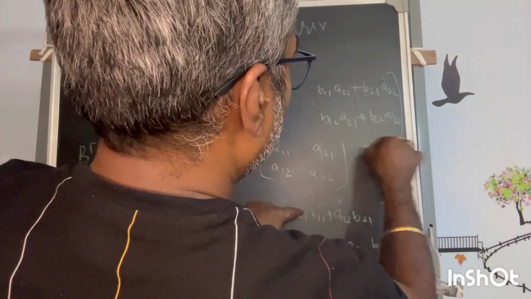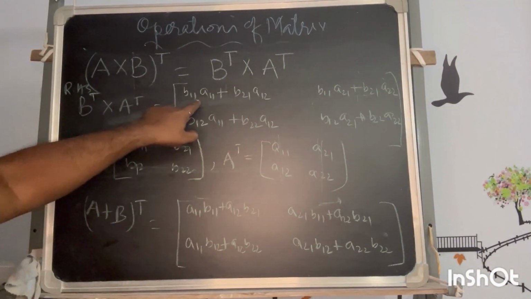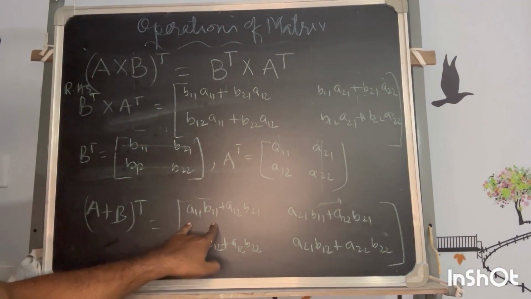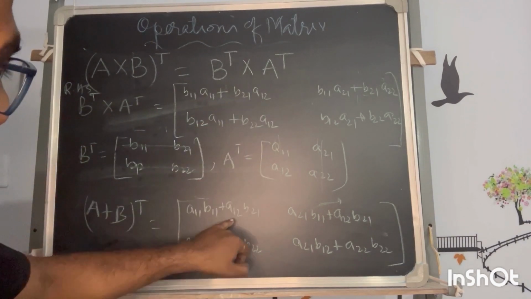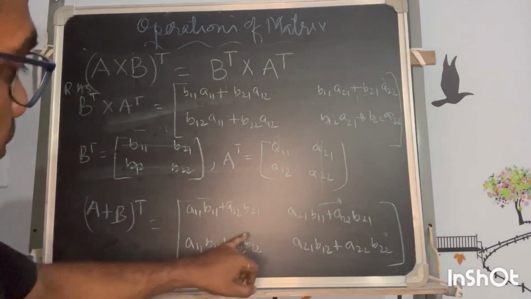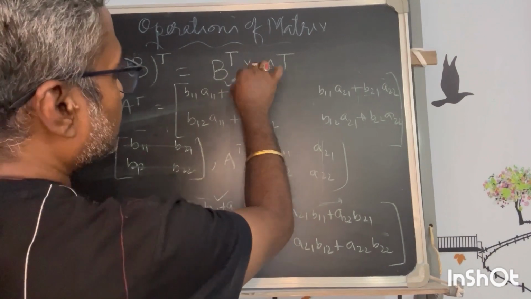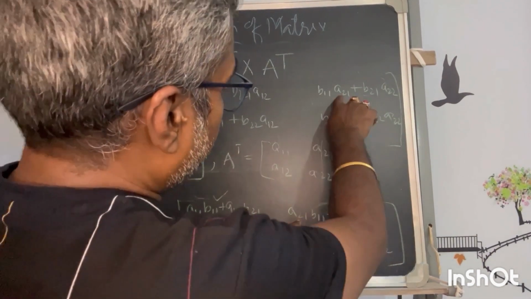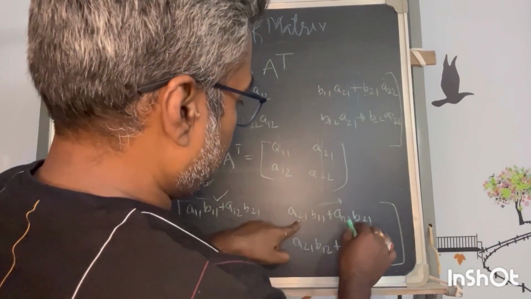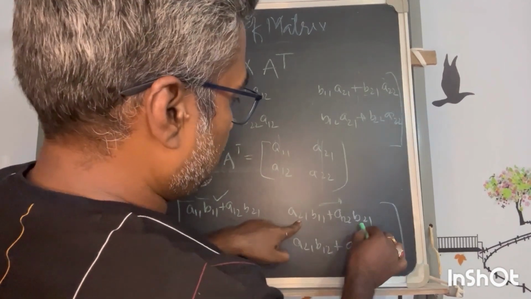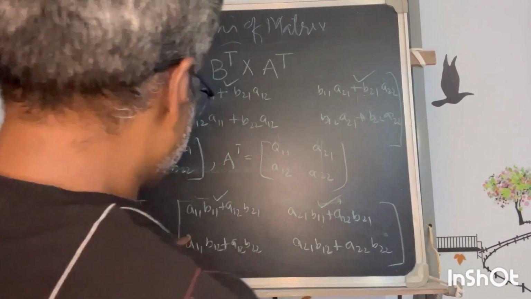Now let me match the terms. A11 B11, A12 B21, so this is matching, right? Second, A21 B11, A22 B21, this is also matching.